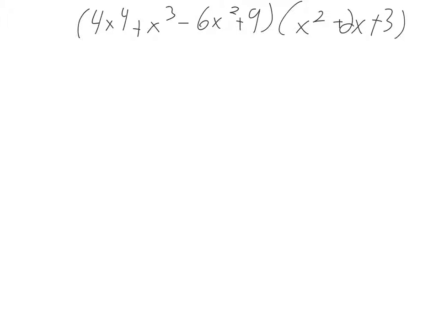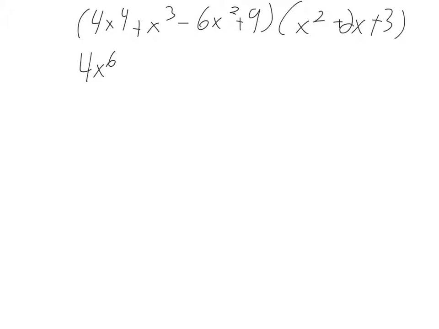And now what we're going to want to do is FOIL, but instead of foiling like normal, we're going to have more to do because we have more terms, so follow along. We're going to first multiply the 4x to the 4th times x squared, so there's 4x to the 6th.